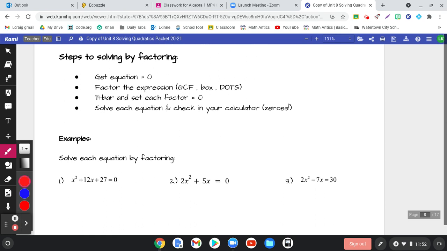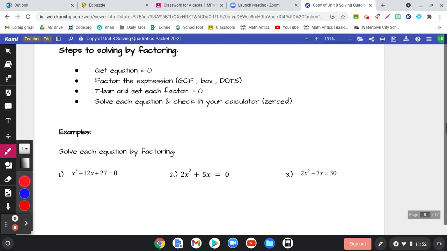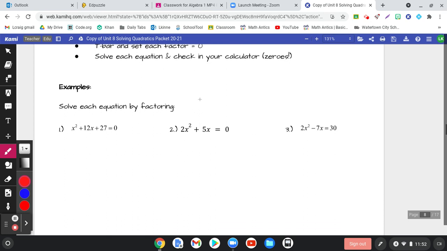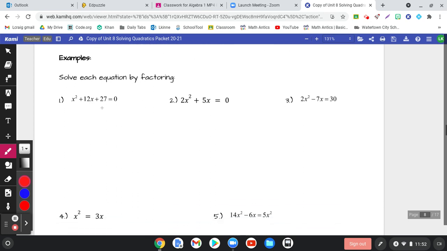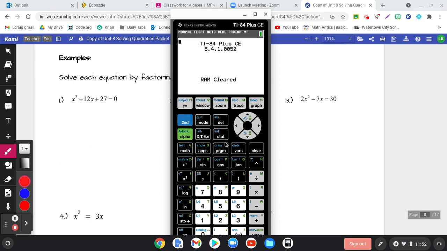After you factor, you're going to use a T-bar and set each factor equal to 0 and solve each equation and check. All right, so this first one, again, if I were to type this into the calculator, you would just make sure it equals 0, which it does.